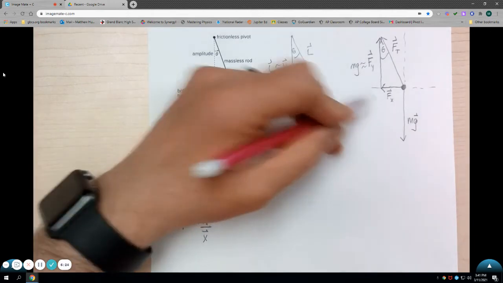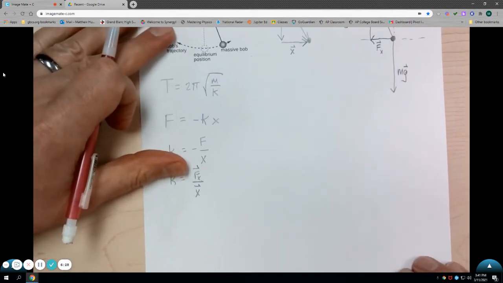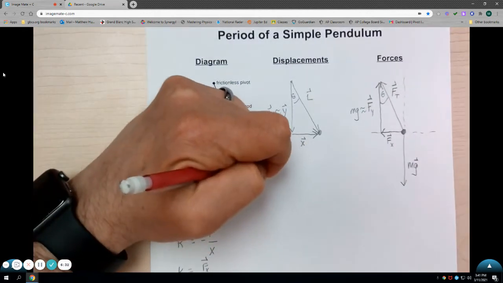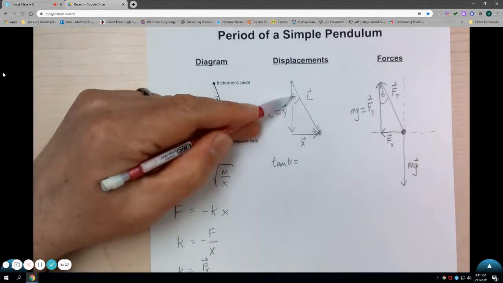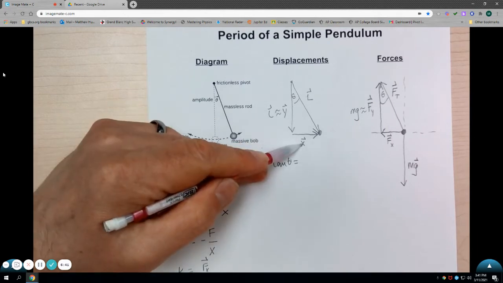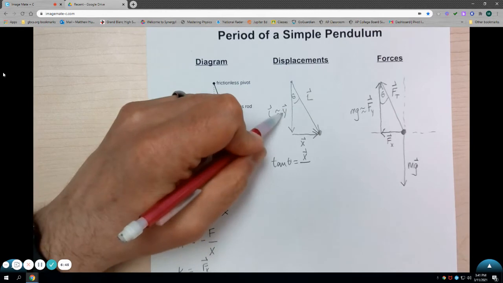So going back over here, here's where the mystic voodoo begins. This triangle, I could write this expression. The tangent of theta is equal to the opposite side over the adjacent side. So it would be x over y.